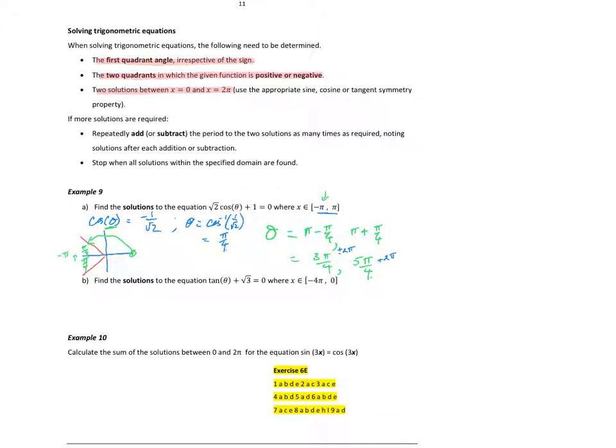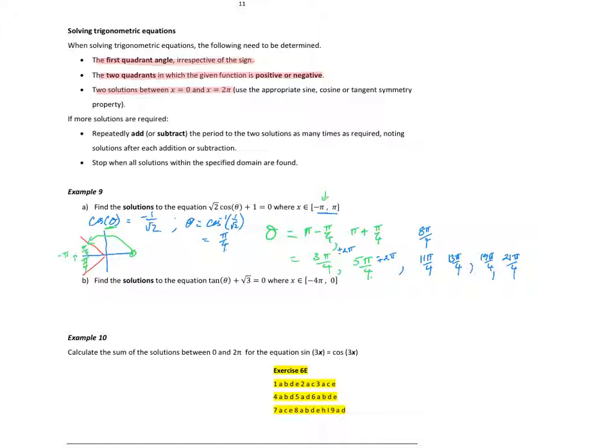Okay? So if I add 2 pi, I would also get, well, 2 pi is the same as 8 on 4. So I get 11 pi on 4, 5 plus 8 is 13 pi on 4. Add another 2 pi, 11 plus 8 is 19 pi on 4, 13 plus 8. Now, I obviously don't need all of these, but that's how I could find all my solutions.